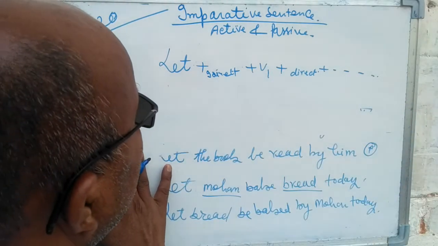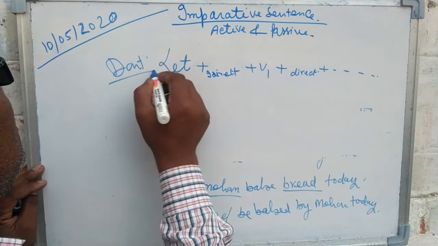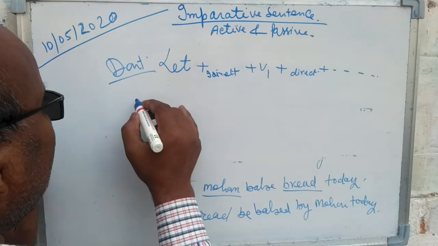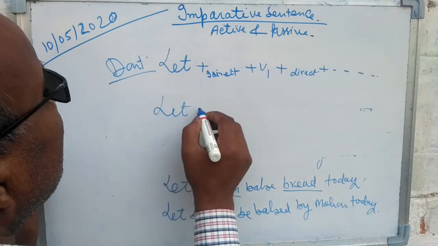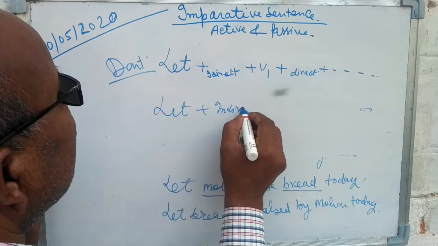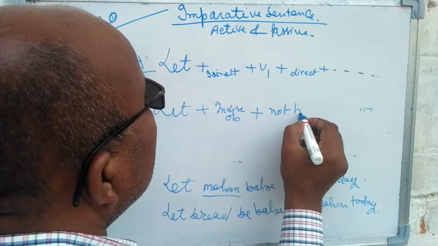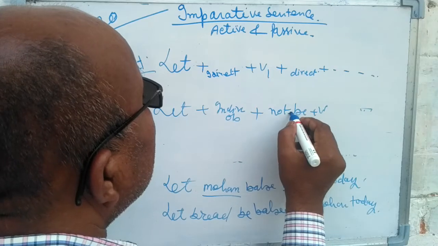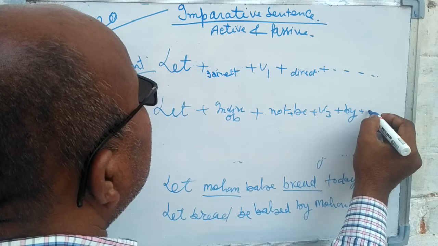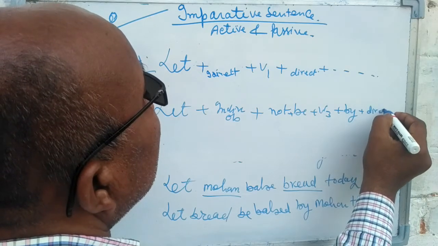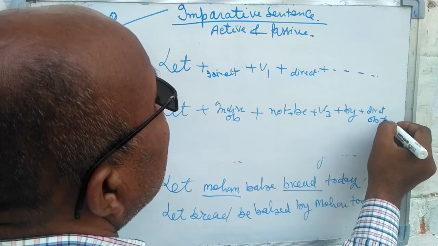In a negative sentence, here is written don't or do not, and when you change it into passive, then let plus indirect object plus not plus be plus V3 by plus direct object, sorry, direct object and the remaining part.